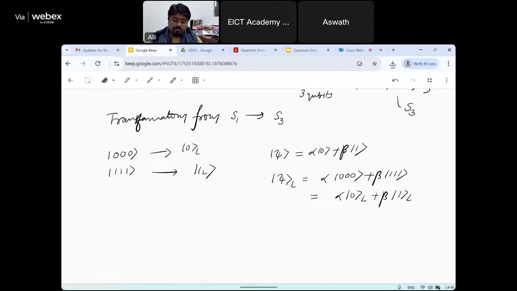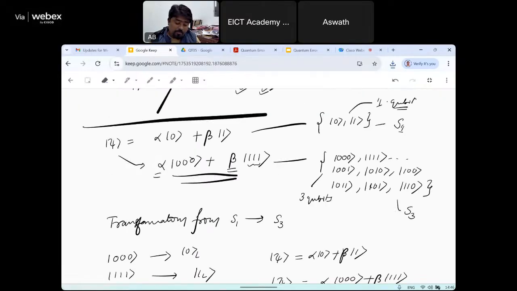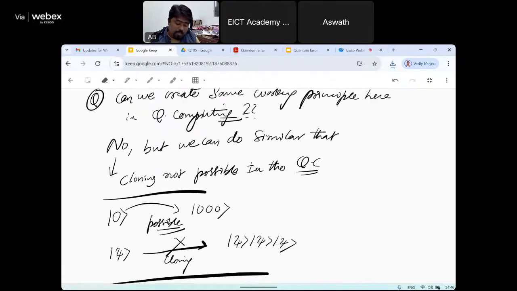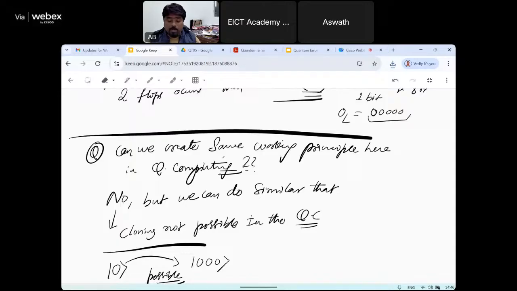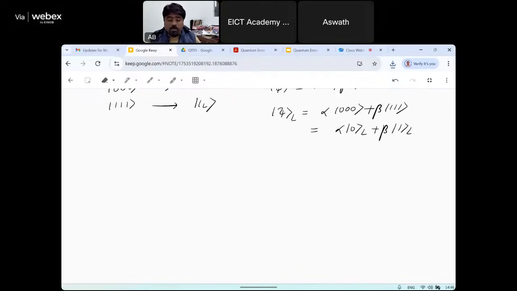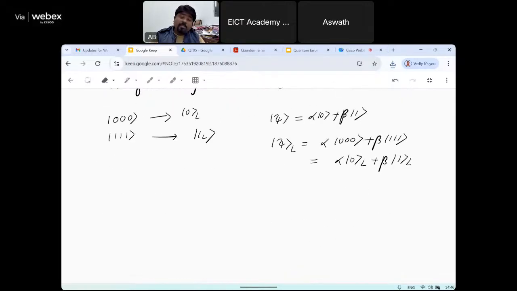If you recall, that is what the classical people were doing. They take a 0 and put the same information onto multiple people. Here I am not doing it. I take the same single information and put it on 3 people.